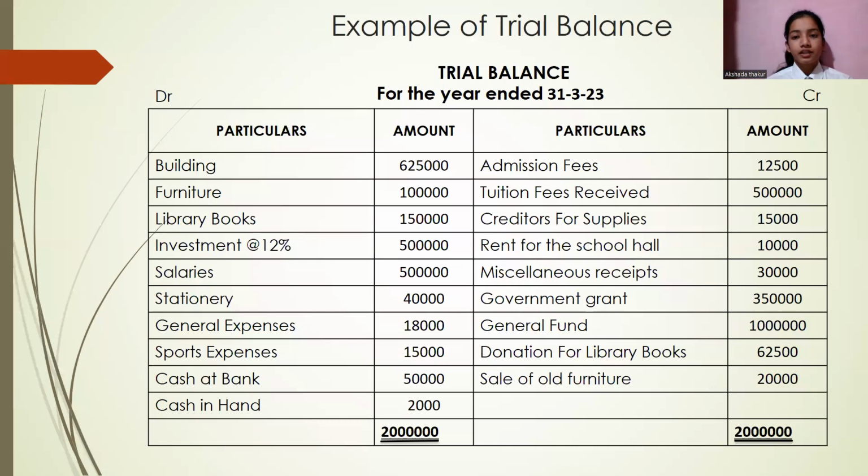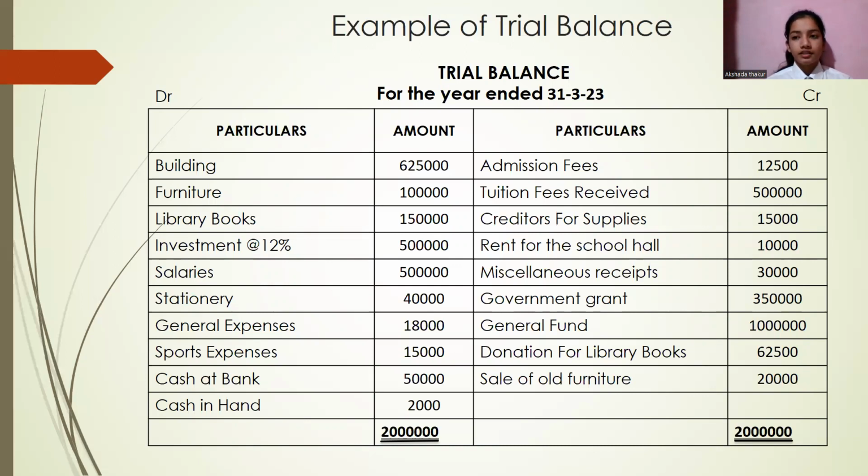Here is an example of a trial balance. So we have on the debit side building, furniture, library books, investment. These are our assets. Salaries, stationery, journal expenses, sports expenses are our expenses. And we have cash at bank and cash in hand.